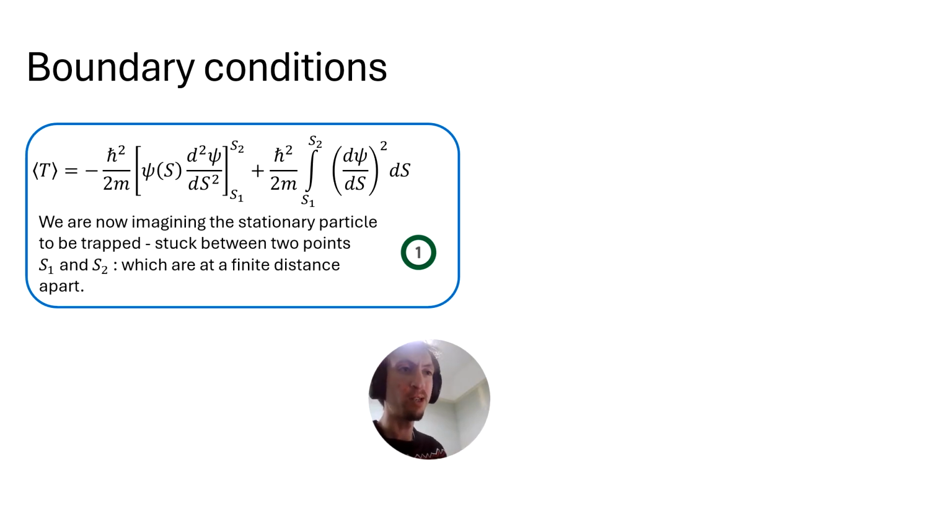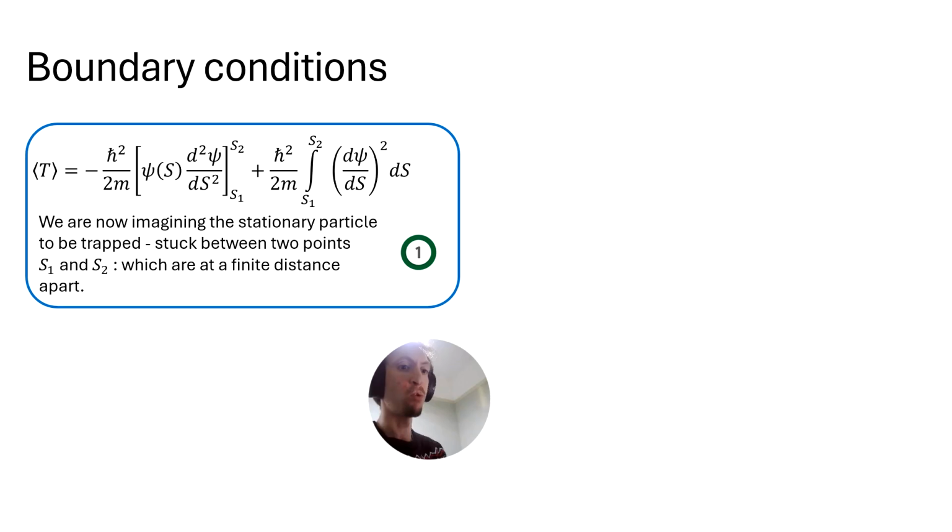And then the first bit of this part of the video goes through that more carefully. Now it's worth saying, if we don't want to use an infinite potential well, we don't have to. We can consider the S-axis to be infinite and the particle having a probability to be found anywhere along the axis.